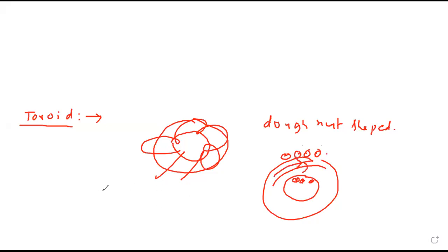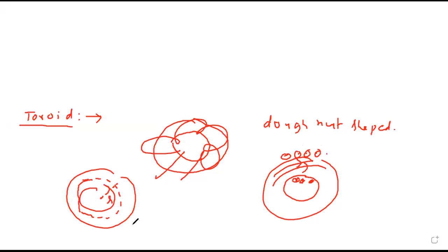So if I assume an Amperian loop of radius r, then it will enclose all the magnetic field which is inside this.